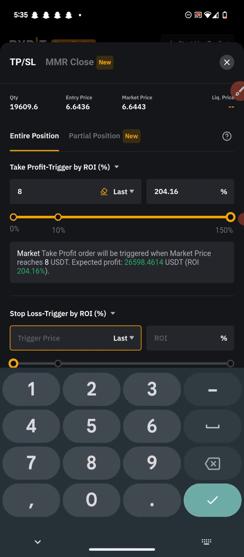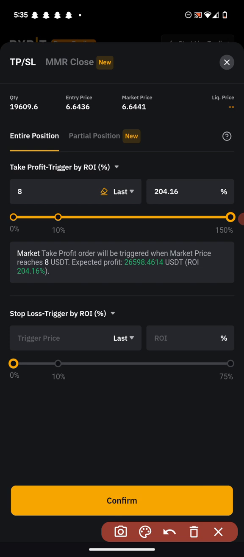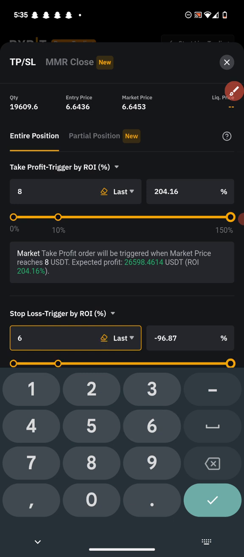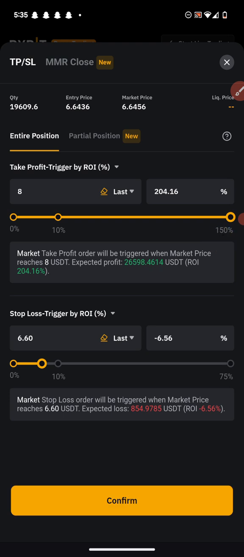Now stop loss. So for this stop loss, you can see your entry price here. You can use this entry price to set your stop loss. However, it will be below your entry price. So I can put my stop loss at 6.60. This 6.60 means minus 6.5% loss.